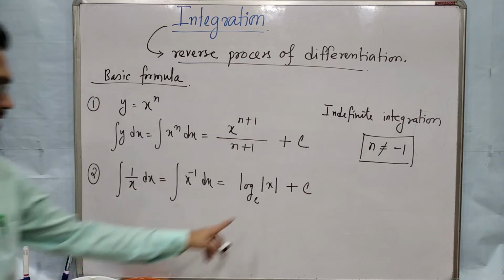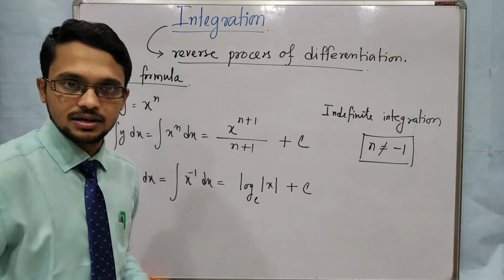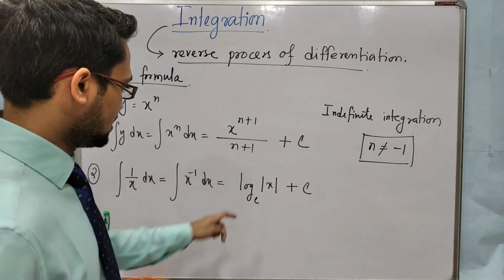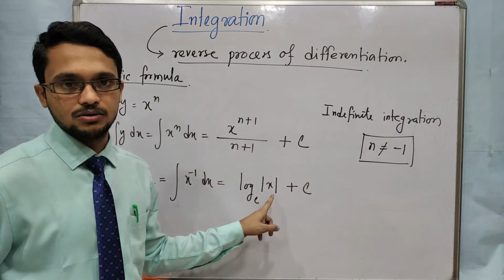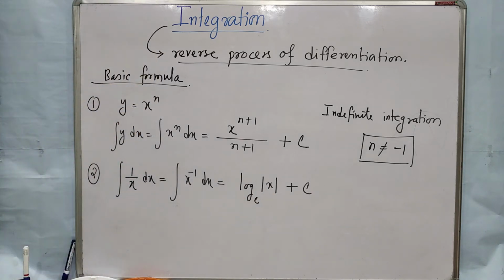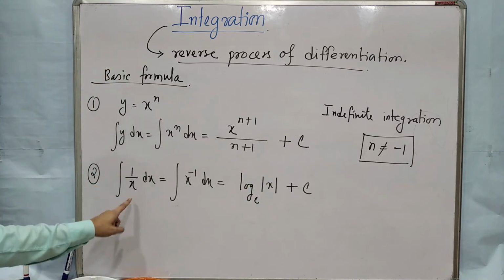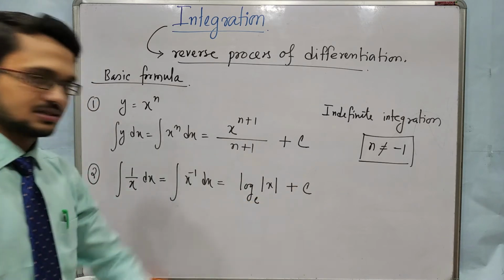Why mod x? Because log of negative values is not defined. Under log negative values will not be there. For that reason we have taken the modulus sign. So 1 by x dx equal to log x plus c.